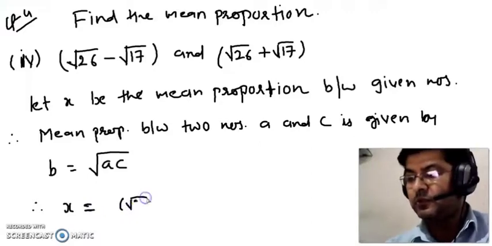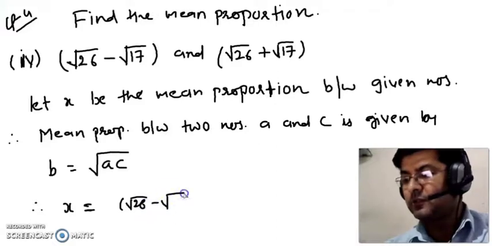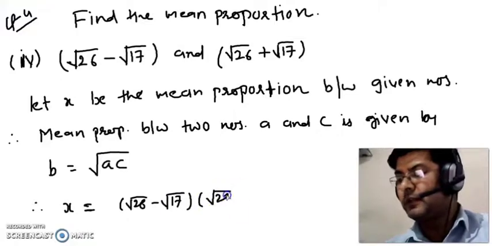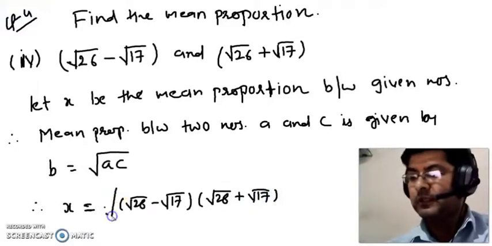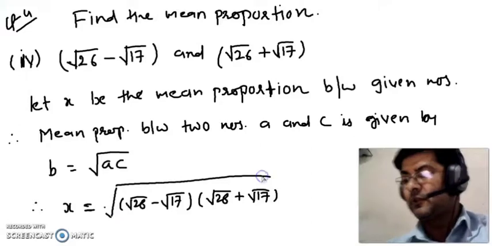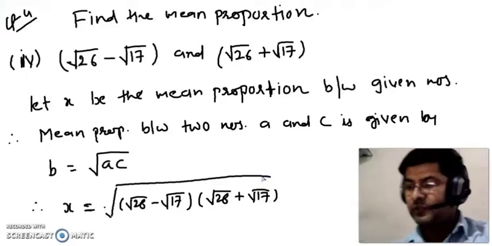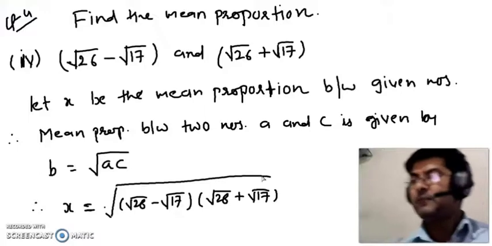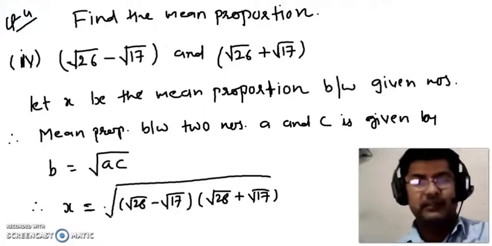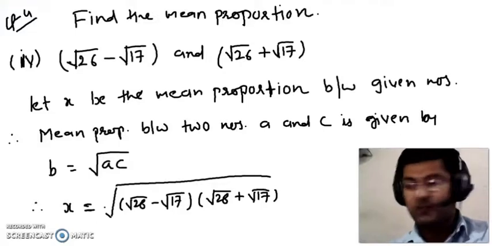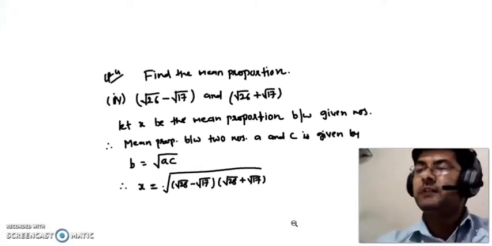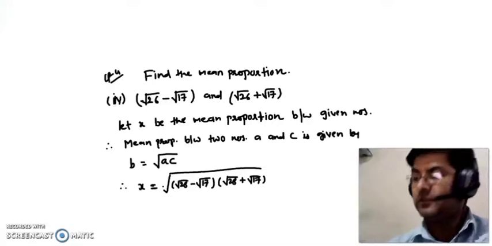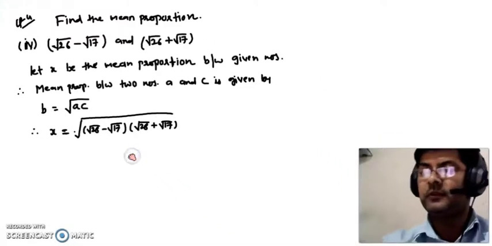So x is equal to the square root of the two numbers. Which are the two numbers? Root of 26 minus root of 17 multiplied by root of 26 plus root of 17, all under the square root. Now in the bracket we have a minus b into a plus b format, so we can factorize: a plus b into a minus b is a square minus b square.